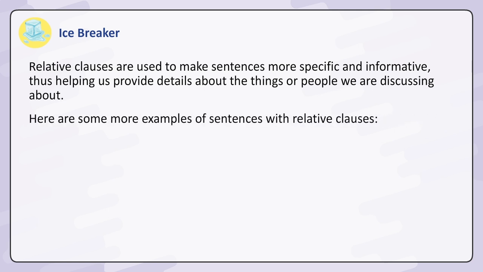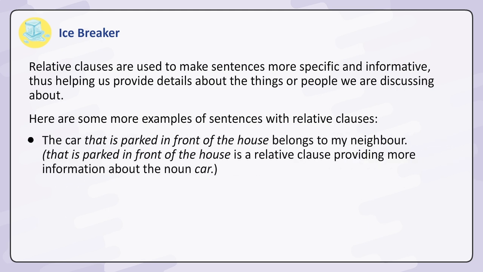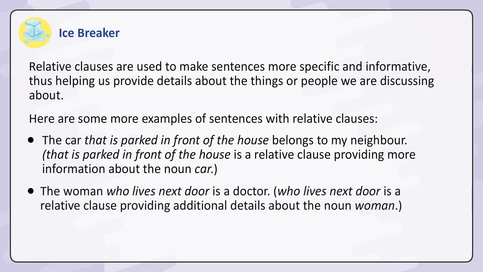Here are some more examples of sentences with relative clauses. The car that is parked in front of the house belongs to my neighbor. That is parked in front of the house is a relative clause providing more information about the noun car. The woman who lives next door is a doctor.